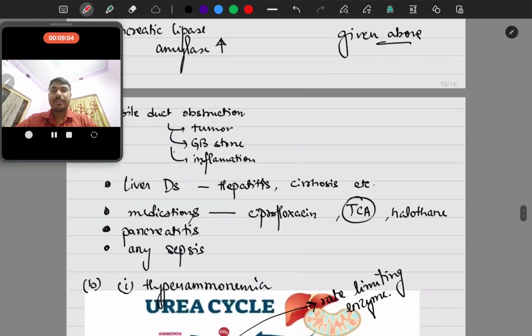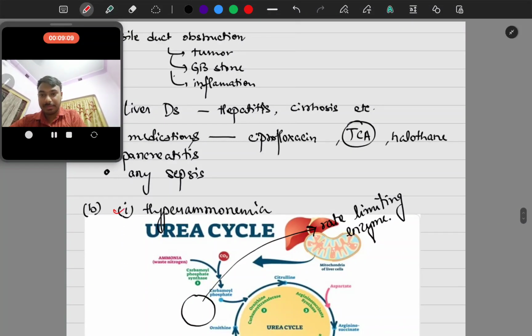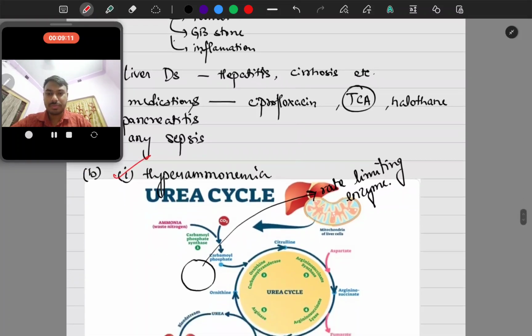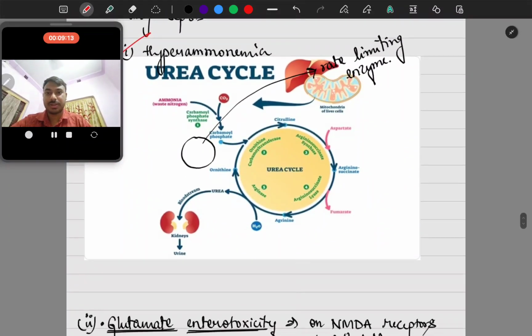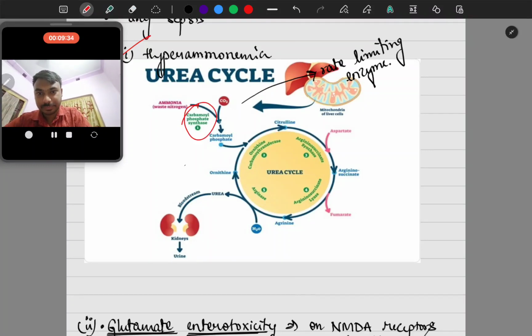The metabolic derangement here is hyperammonemia. Now hyperammonemia occurs. First of all, we should remember the urea cycle. Here the waste product is ammonia.